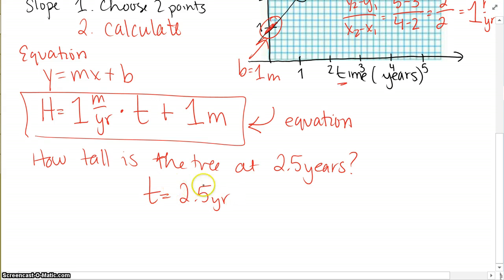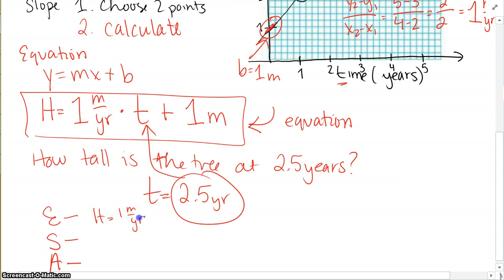I can take that and plug it into my equation. So I use a method called equation, substitution, answer. And we'll talk more about this in class, but this is how I expect you to show your work. The equation is h equals 1 meter per year times time plus 1 meter. Substitution, I'll show that I put the t in, 1 meter per year, put in 2.5 years for t plus 1 meter.